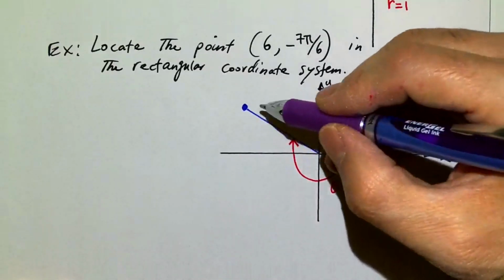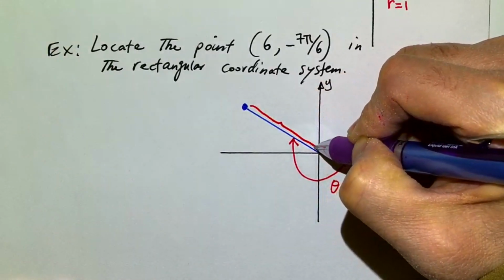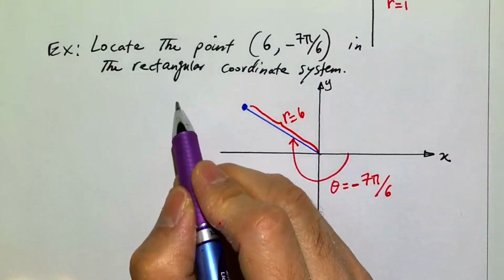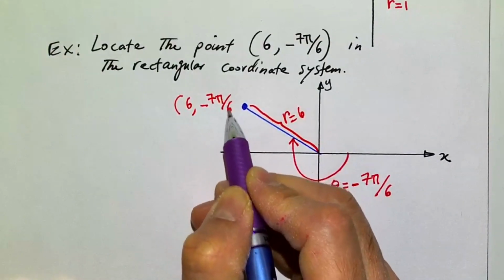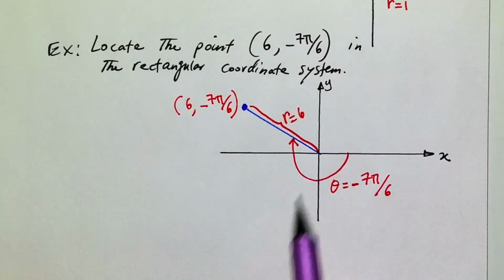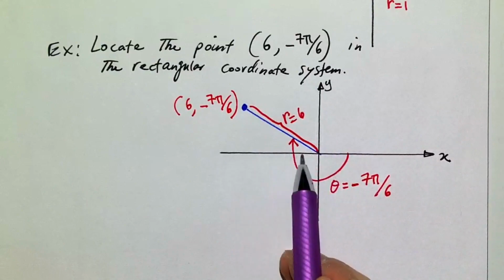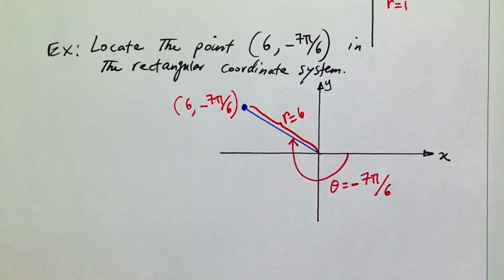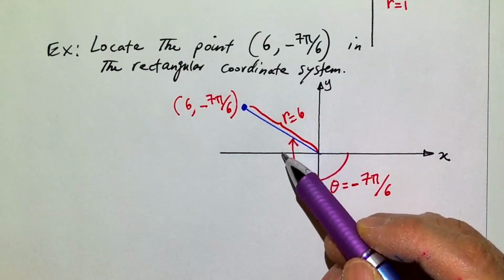And that distance is, of course, 6 units. Okay, and that would be 6 comma negative 7 pi over 6. So this difference from the negative side of the x-axis to the terminal side, otherwise known as the reference angle, is just pi over 6.